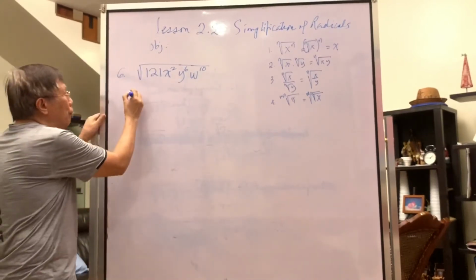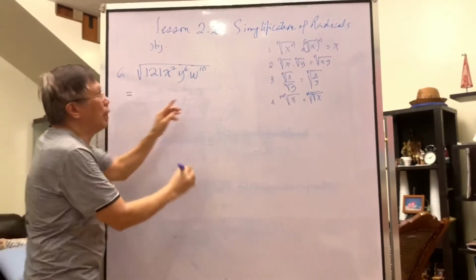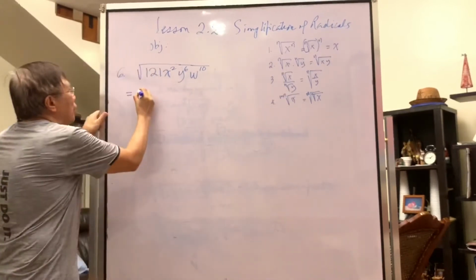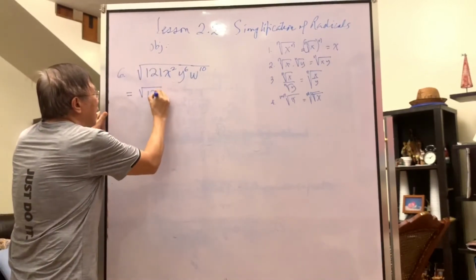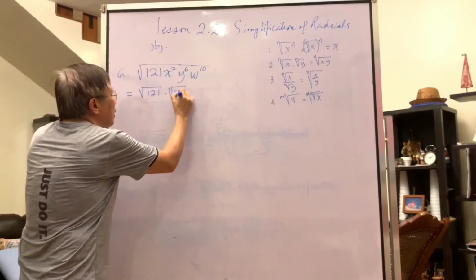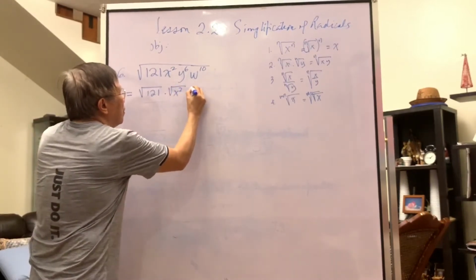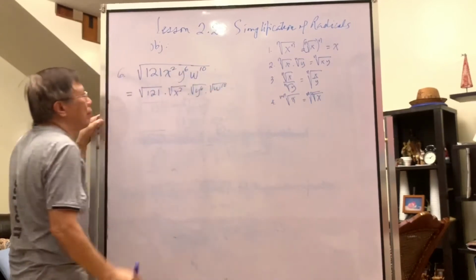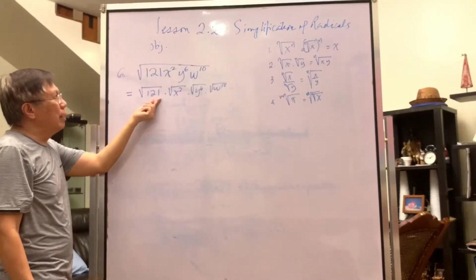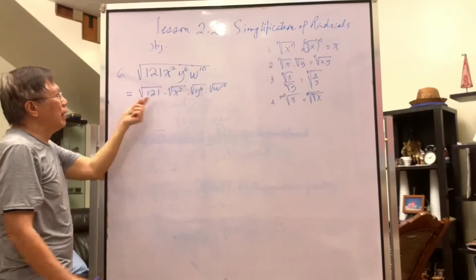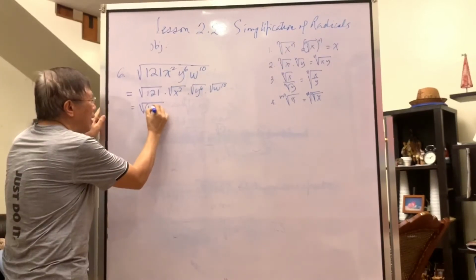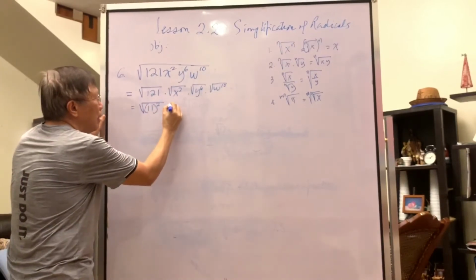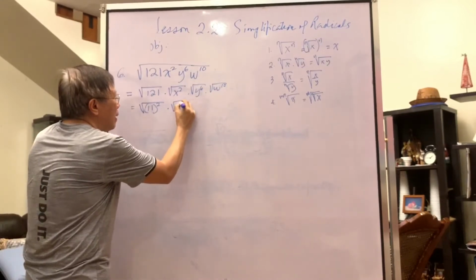If we do it the long way, we can apply law number 2 to split this radical into this form. Square root of 121 can now be written as 11 squared, and then this one here is x squared.